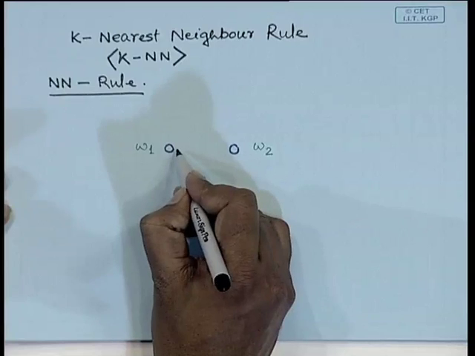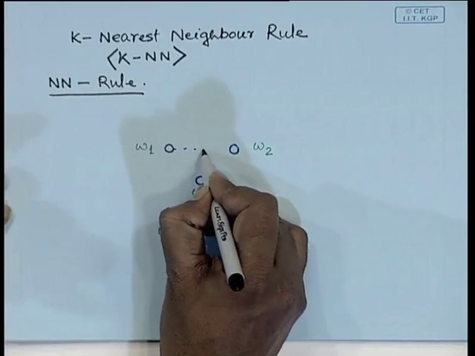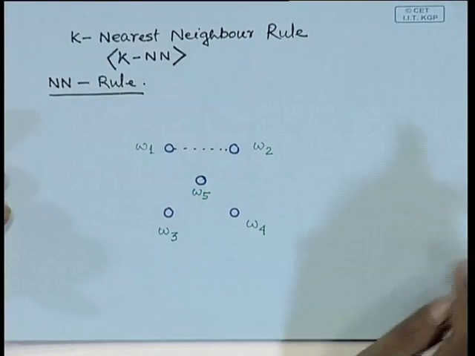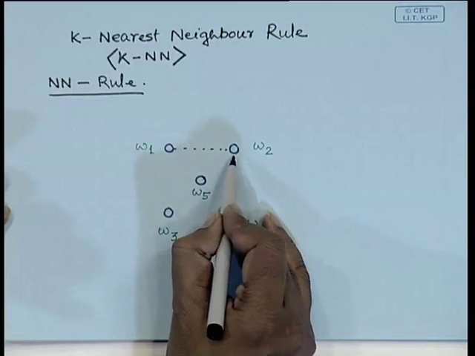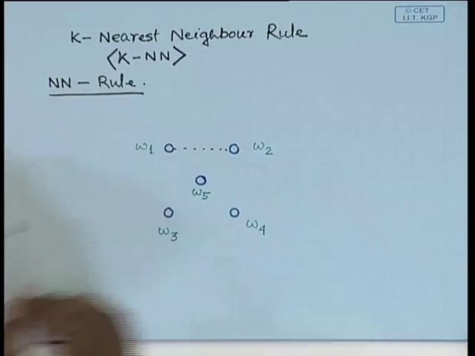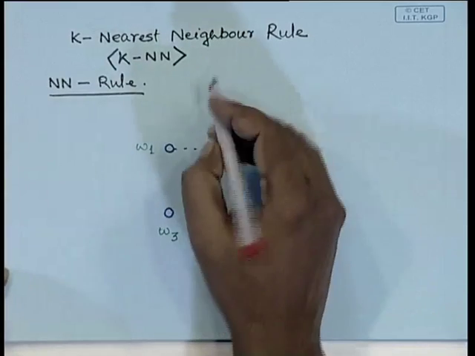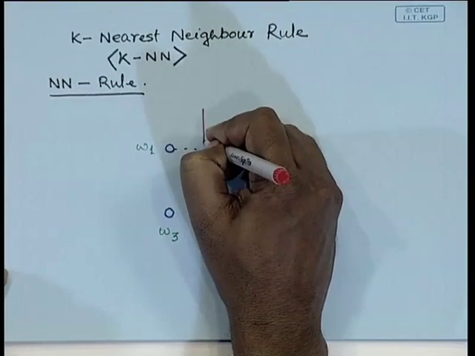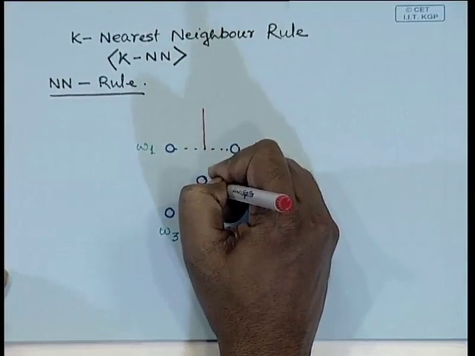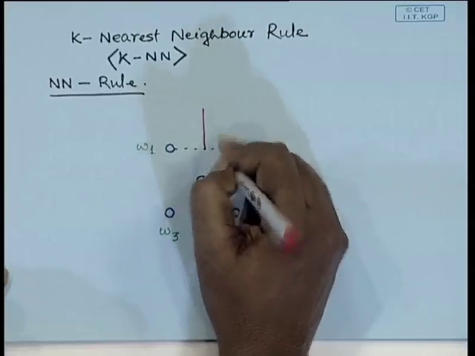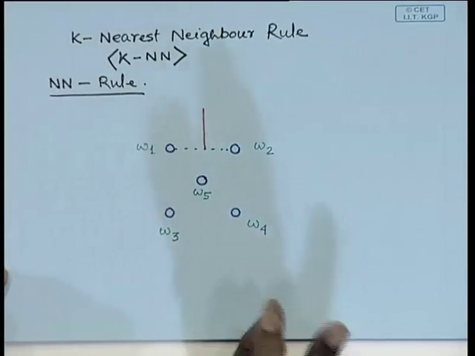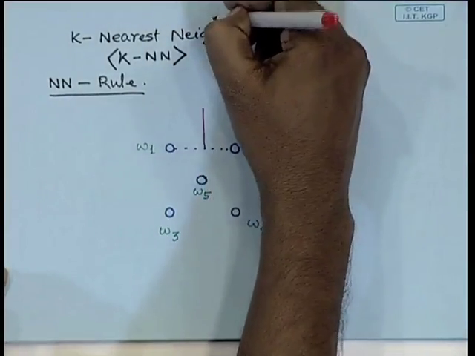Following that, you find that the decision boundary between class omega 1 and omega 2 will be an orthogonal bisector of the line joining these two samples. So, the decision boundary that I have is simply this, and it will be extended on this side, as regards omega 1 and omega 2, and it will be extended on this side.